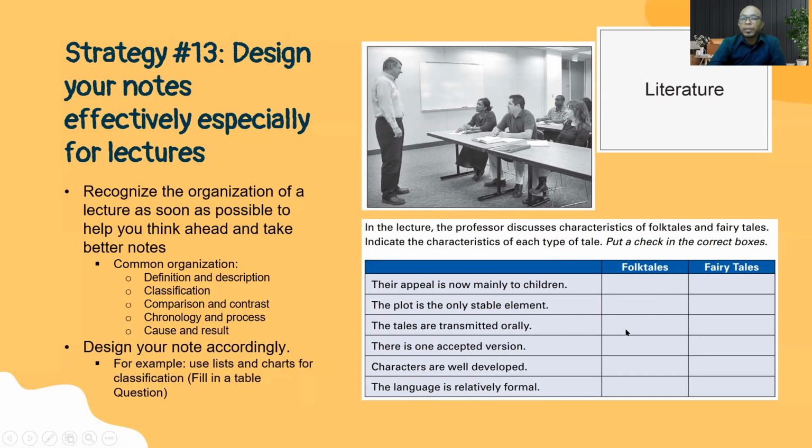So it'll be easier to follow the lecture and note the important information accordingly. And of course, the outline should be different when it's about a definition and description, or chronology and process, which will be more like a timeline, something like that.